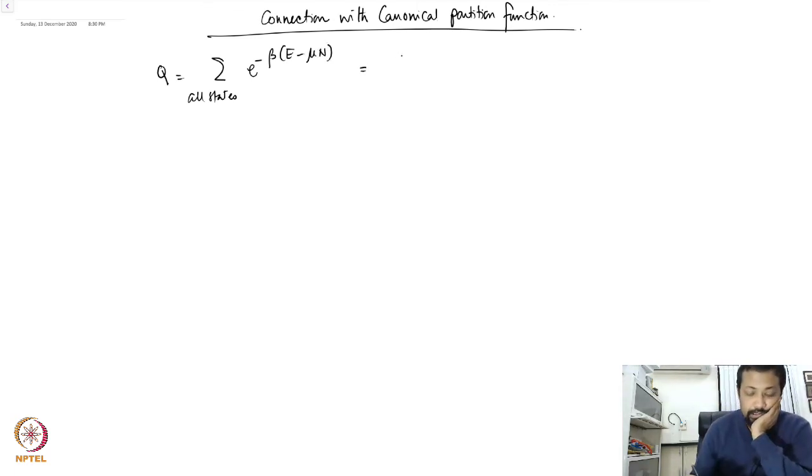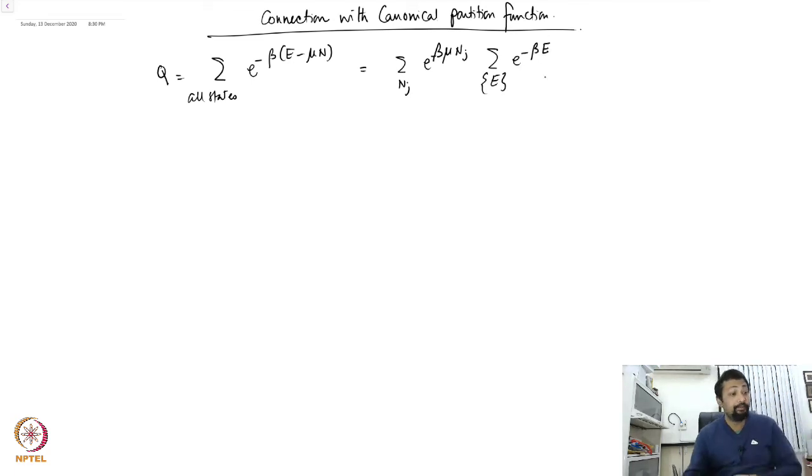Which means that this is going to be the sum over nj of e to the power beta mu nj times the sum over all the possible energy states of e to the power minus beta e. To be very explicit here, one has to say e comma nj.